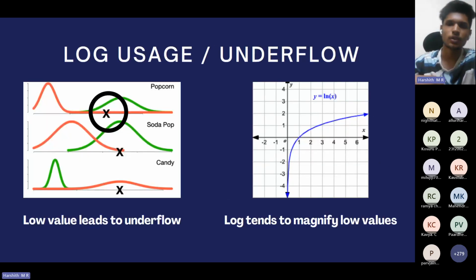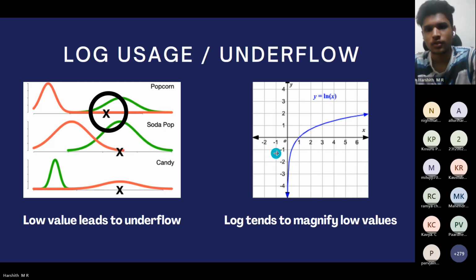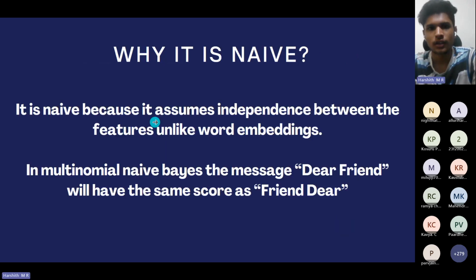So this was about Gaussian naive Bayes and multinomial naive Bayes. And why is it called naive? Basically, it's called naive because it assumes independence between the features. There is one more method for doing this type of classification, which is word embeddings, an advanced technique in NLP. You would learn it in the upcoming sessions.